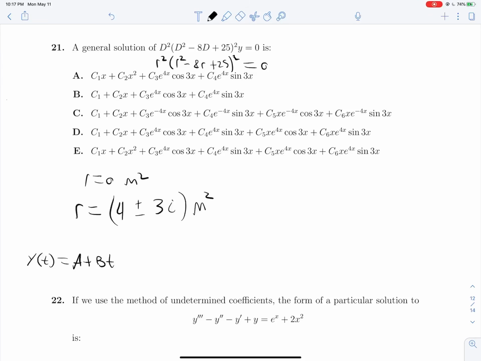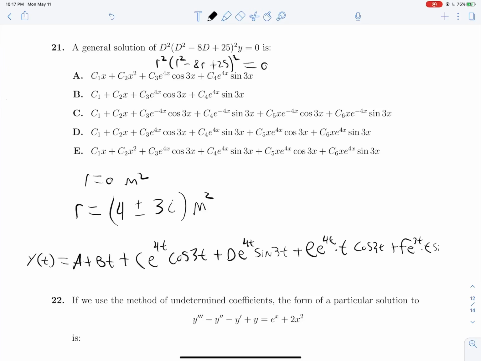And then it gets a little more complicated, plus c e to the 4t cosine 3t plus d e to the 4t sine 3t plus e to the 4t times t cosine 3t plus f e to the 4t times t sine 3t. Yeah, so that's it.